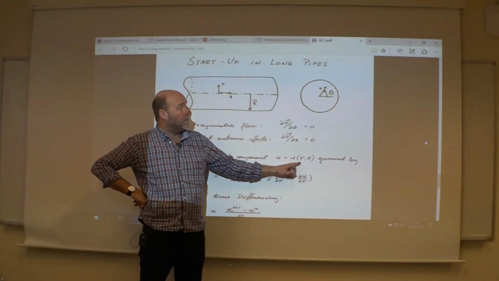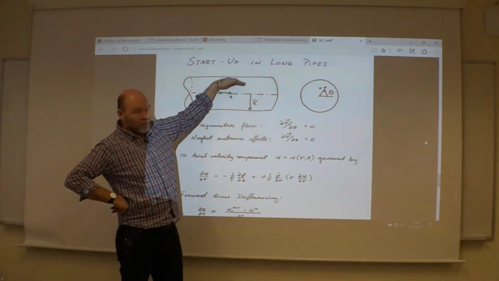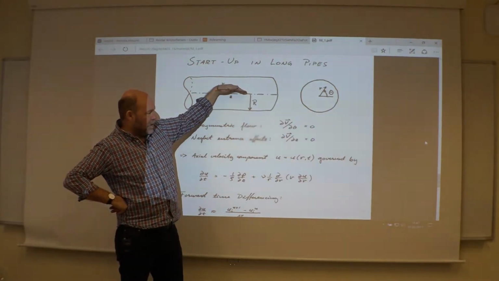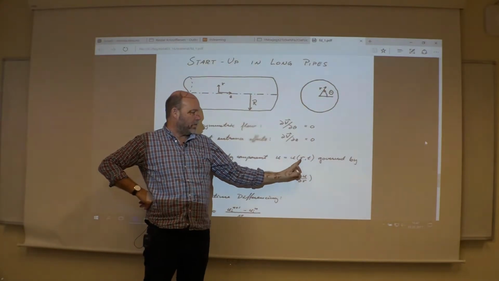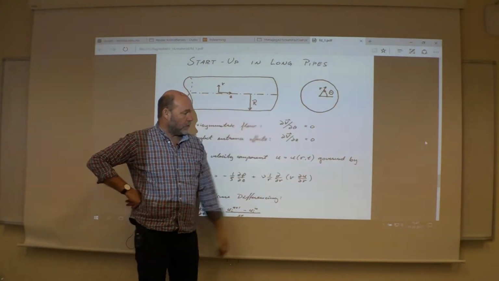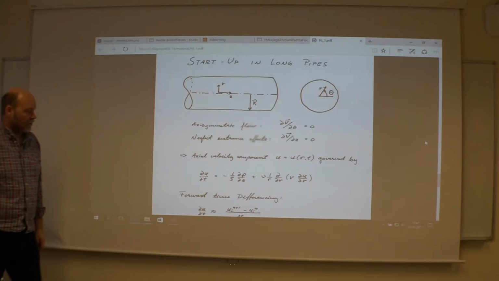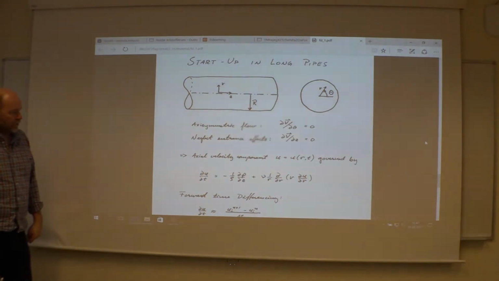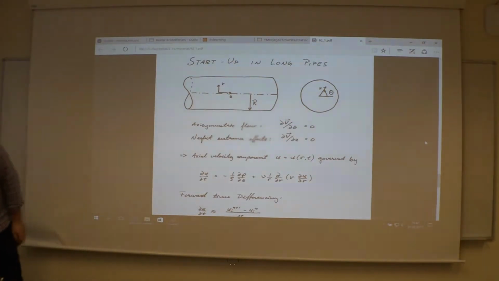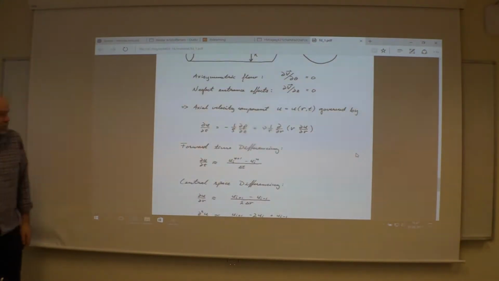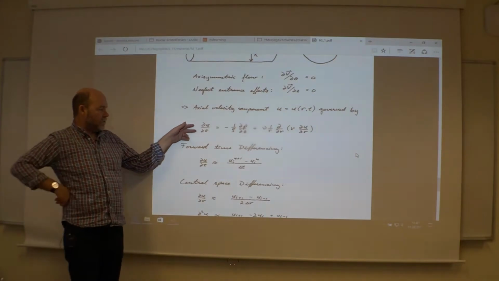So we are back to a one-dimensional problem in space. There is only one velocity component, in the axial direction, and it varies only with the radial position, but also with time. So we are still left with a partial differential equation here. So now the Navier-Stokes momentum equation is reduced to something like this.